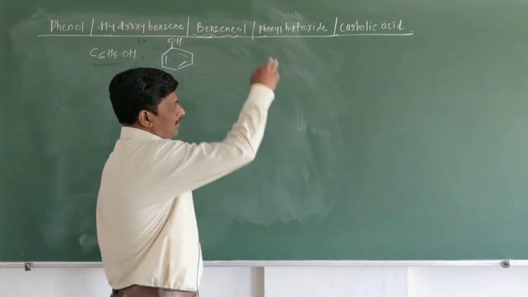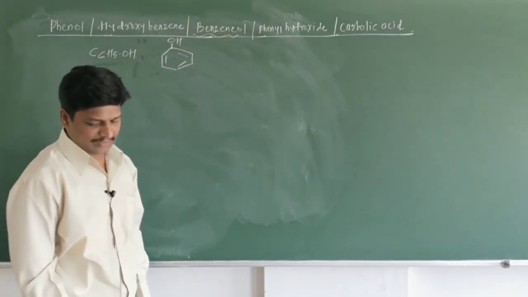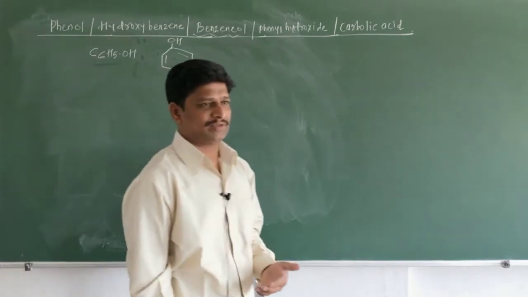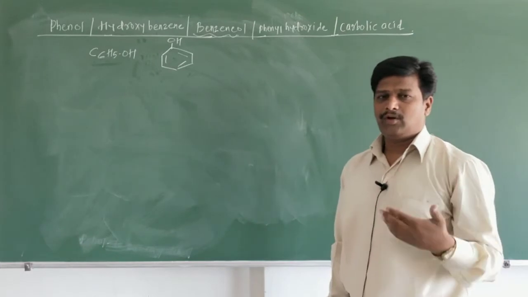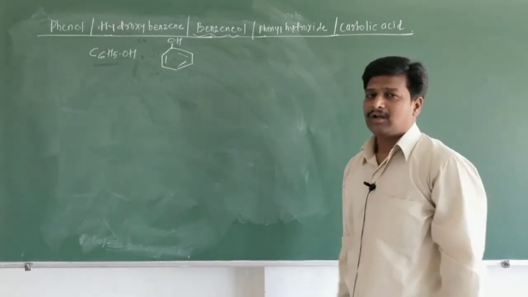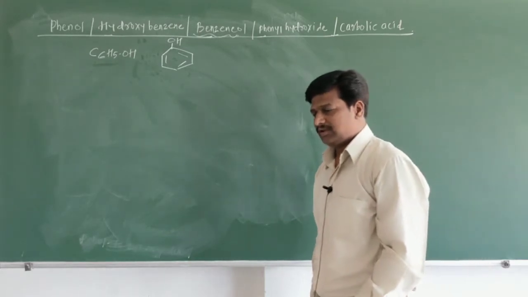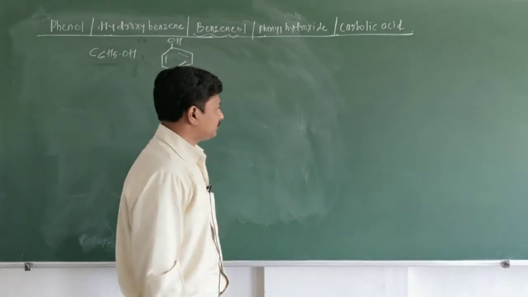And then the next name is carbonic acid. In your objective exam the question may ask: the name of phenol is dash. The correct name is carbonic acid. Now the question arises, why is phenol known as carbonic acid?